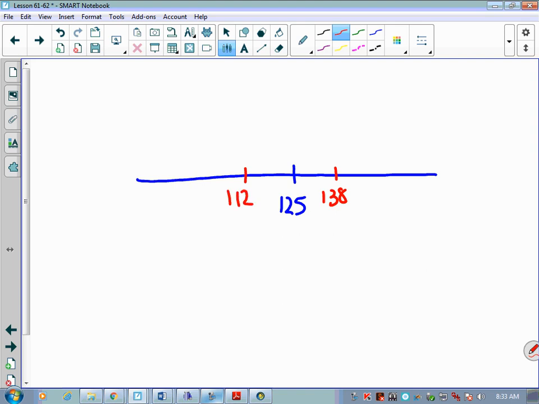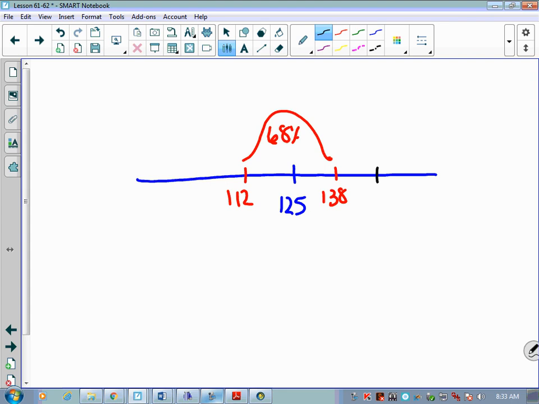Okay, so this is one standard deviation. The thing I want you to understand is that one standard deviation will always be 68% of the data. So we're going to put 68% right there. Follow me?